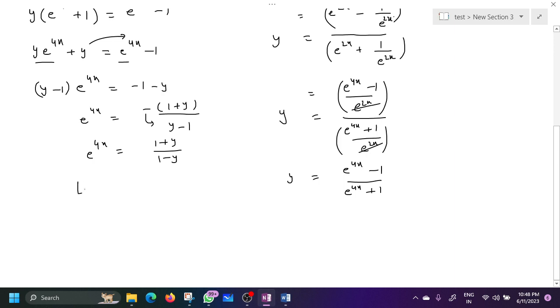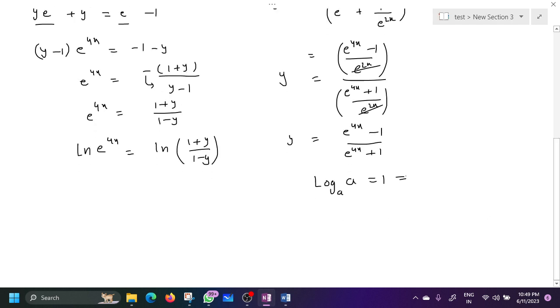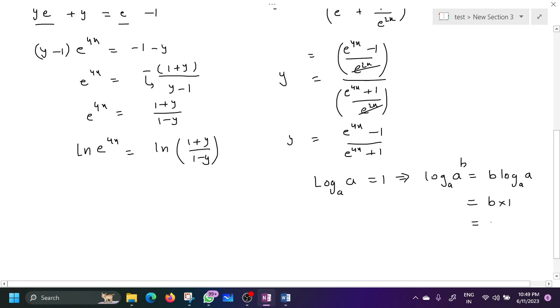log on both sides. So ln, in this case we are taking ln because it's log base e. 4x is equal to ln of (1 plus y) over (1 minus y). And you know there's a rule in logs that log base a of the same number a always gives you 1. This rule can be extended in this form: log base a of a^b is equal to b log base a of a, which is b into 1, which is b itself.